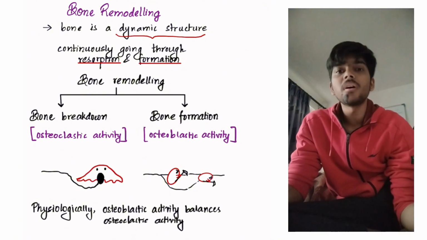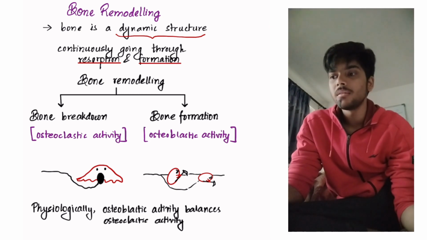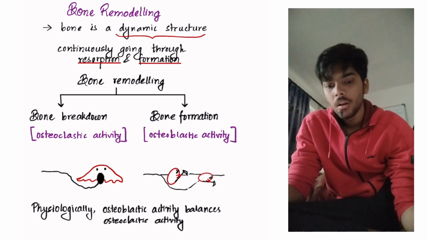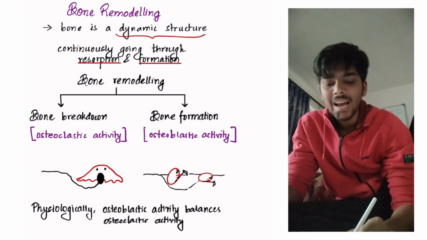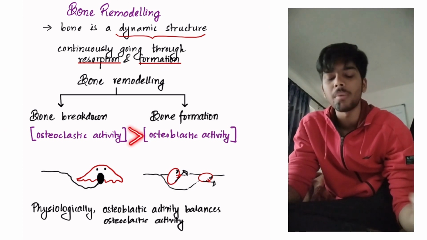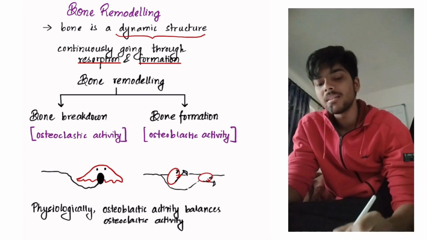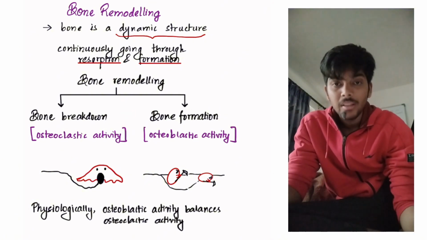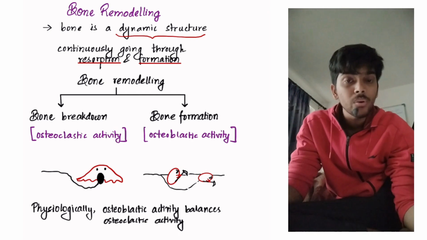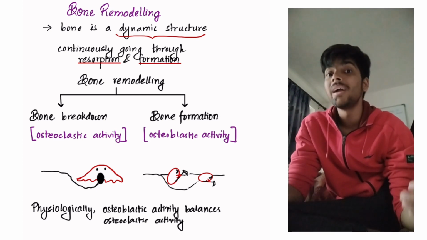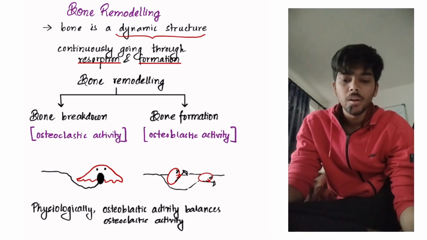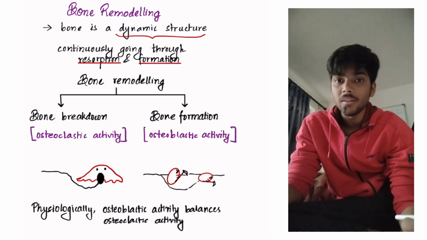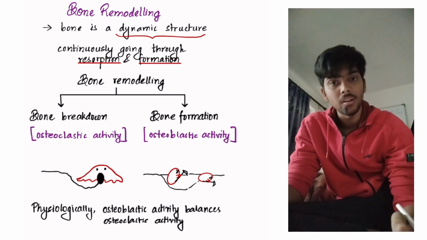But due to certain condition, certain reason or factor, if osteoclastic activity becomes greater than osteoblastic activity, that is, the breakdown of bone becomes greater than the formation of bone, then the bone would obviously thin out or the mass of the bone would decrease. However, normally that does not happen. That's a pathological condition.